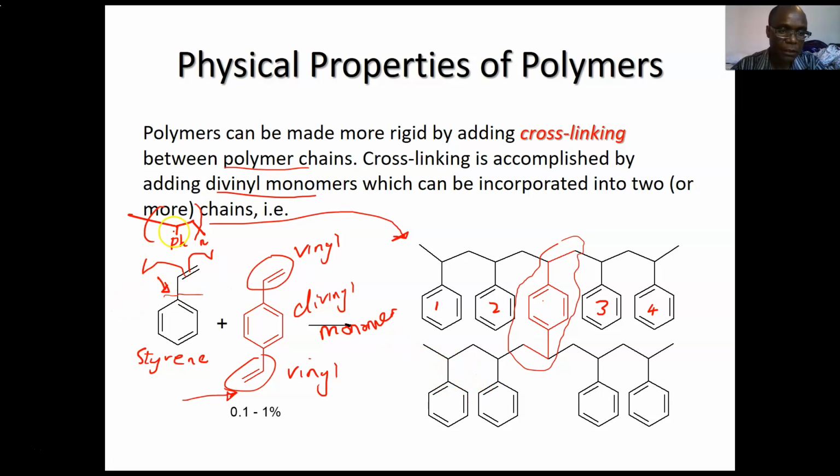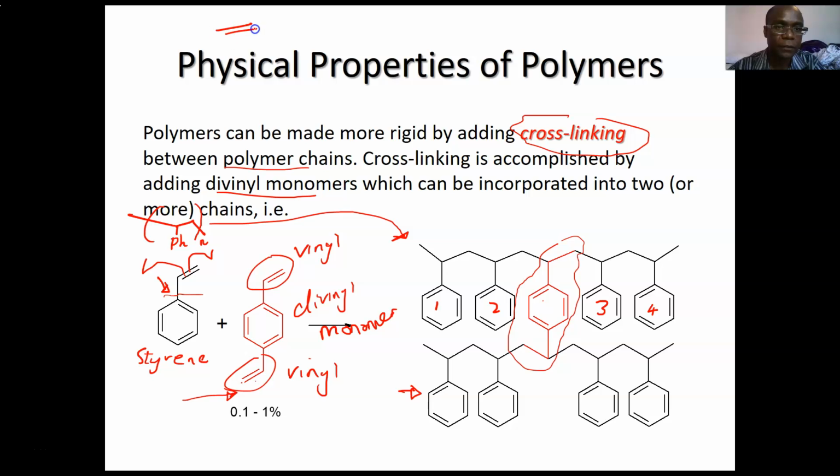So if this were to make a polymer, that's what it will be, but this inserts itself as one of the monomers during the mechanism. It gets inserted onto one polymer within its structure, which again, because there's a vinyl down here, this will also insert itself into another polymer at the bottom. That's what we call cross-linking.